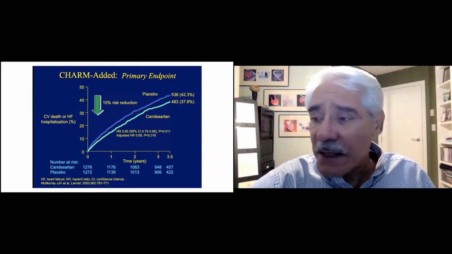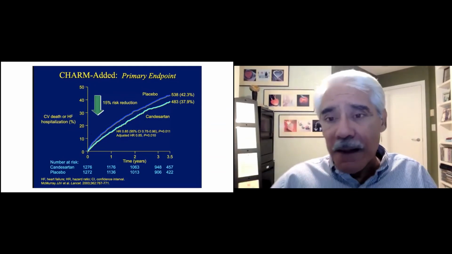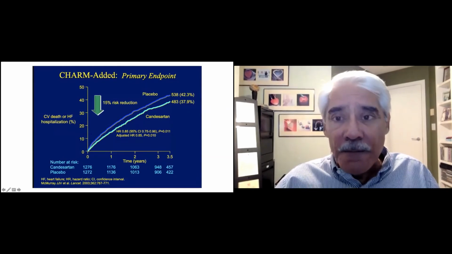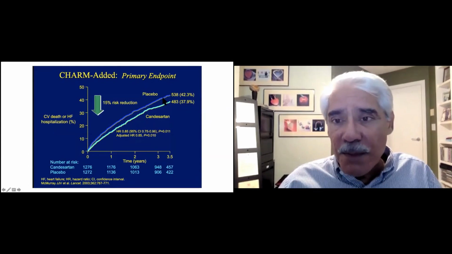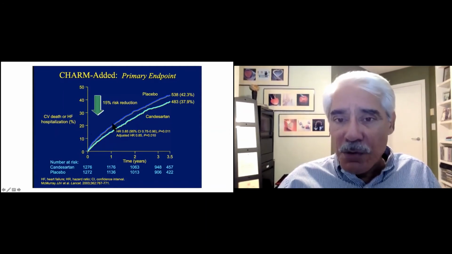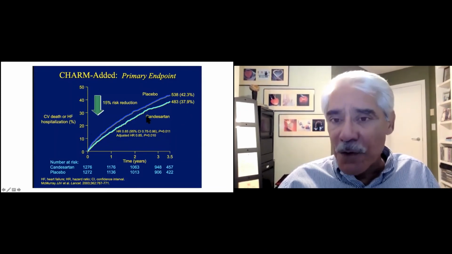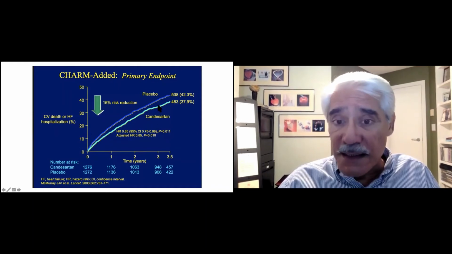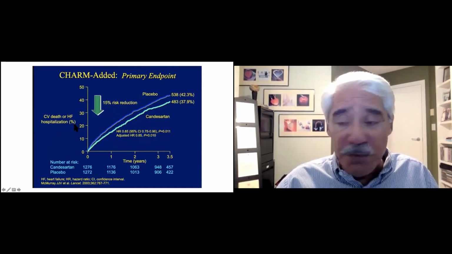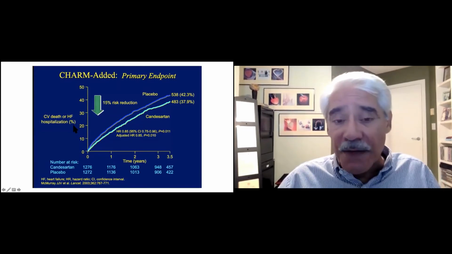The reason that we could test candesartan against placebo is because these were patients who were intolerant to ACE inhibitors. So this was a group of patients who could not take ACE inhibitors and therefore were able to be given placebo versus candesartan, and we were able to show a 15% improvement in mortality and heart failure hospitalization.